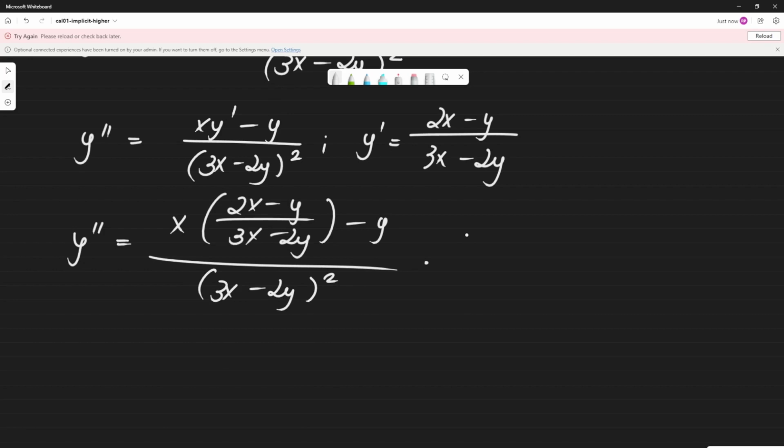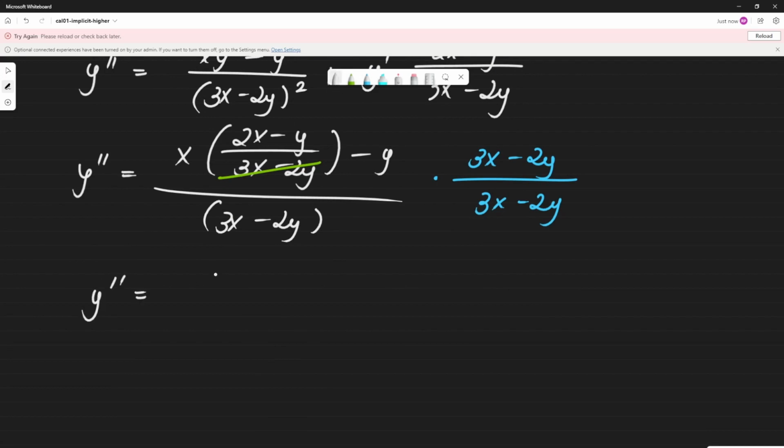Then, magmumultiply lang ako ng 3x minus 2y para matanggal natin yung complex fraction na mabubuo kapag sinimplify natin ito. So, we will have times 3x minus 2y over 3x minus 2y. So, makakancel yung 3x minus 2y dito sa baba.